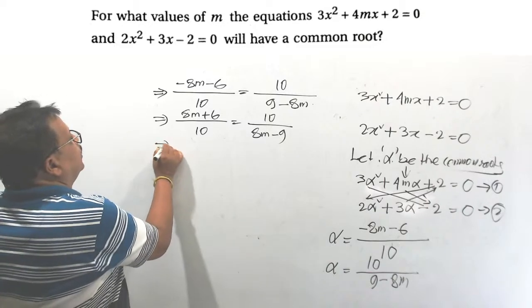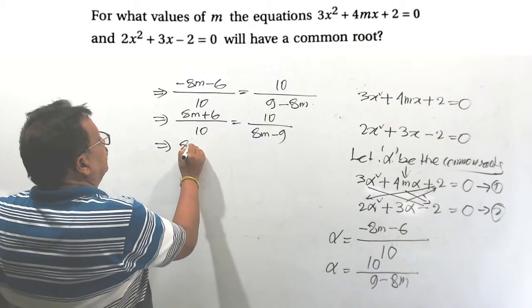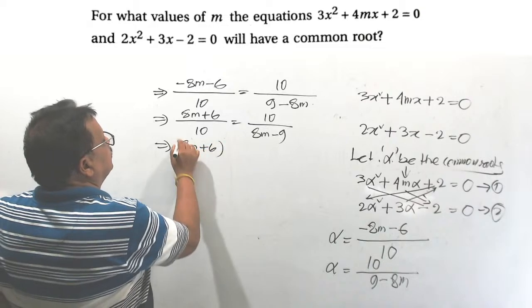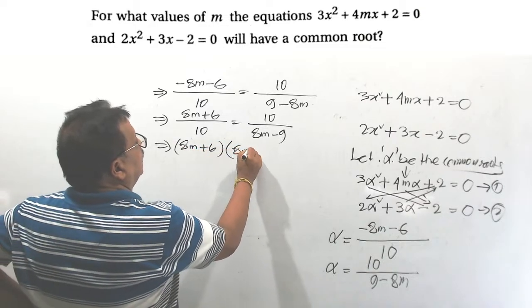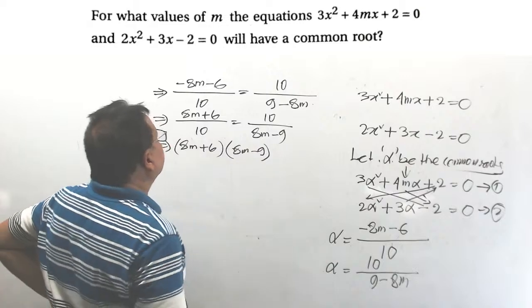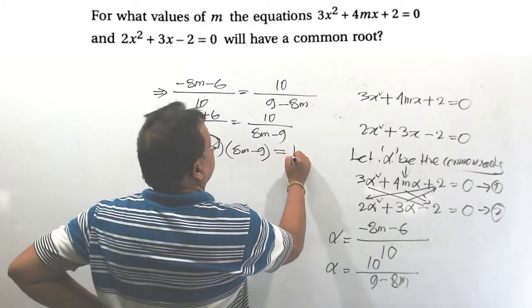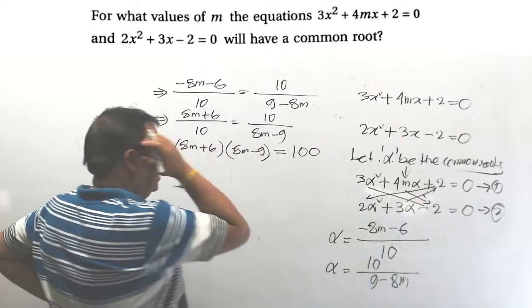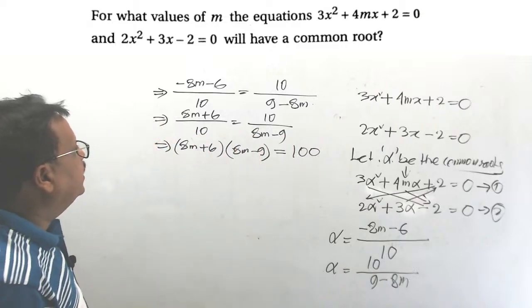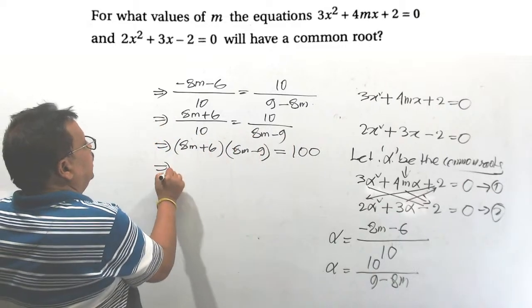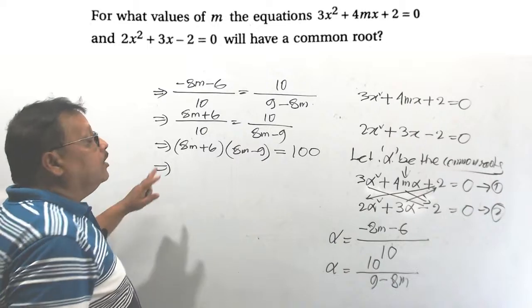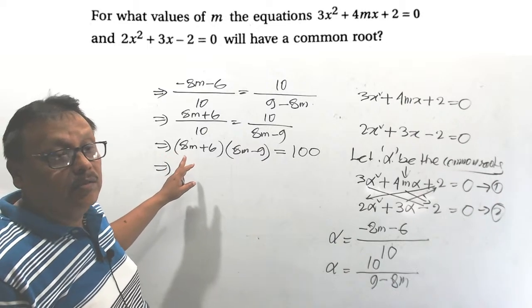Now cross multiplication, that is diagonally. 8m plus 6 into 8m minus 9 is equal to 10 square, which means 100. Clear? This implies you will get a quadratic equation in m.